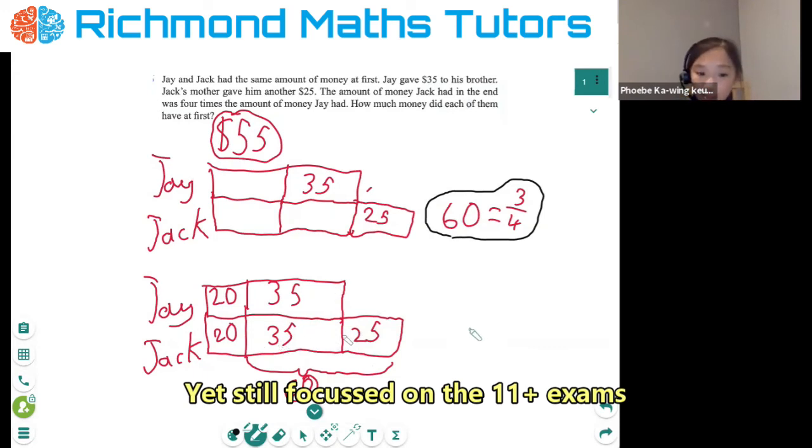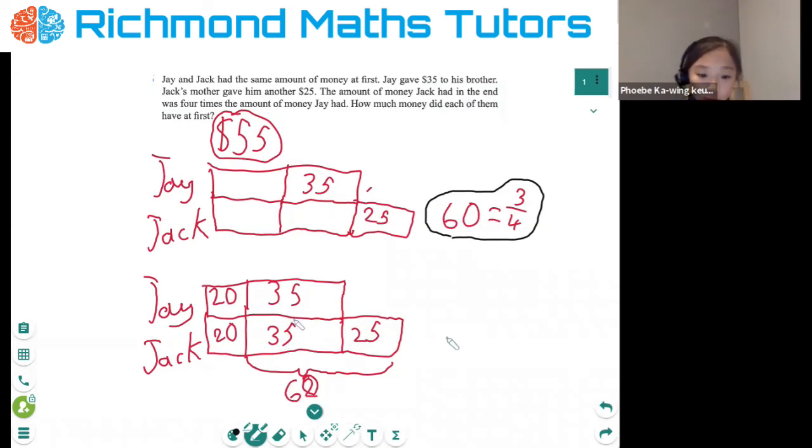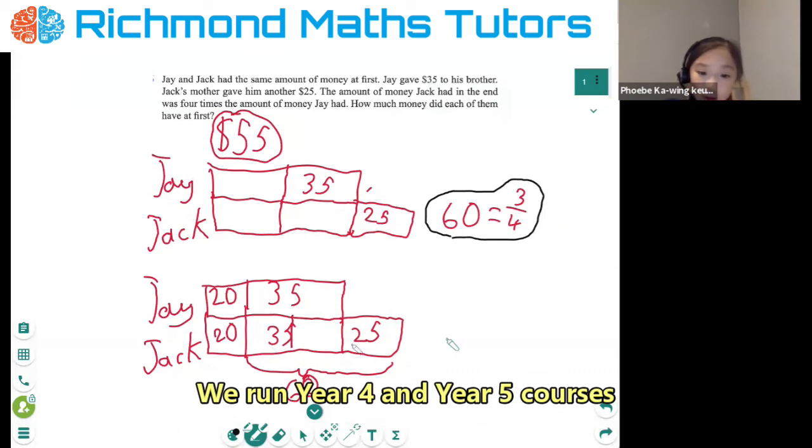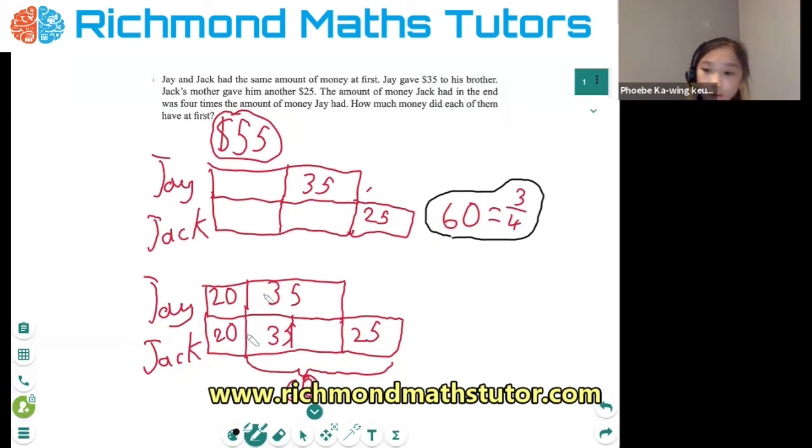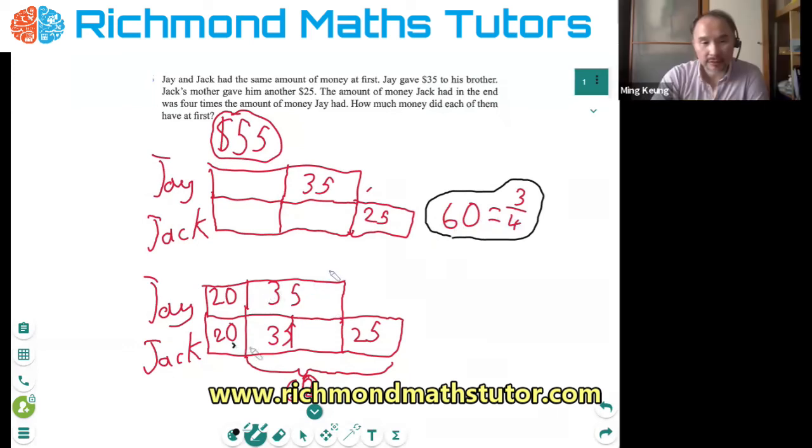If I draw a line here, these aren't all 1/4, but when you add it up, it gives you 3/4, which is 60. Okay, so is that because Jack is 4 times the amount of Jay at the end?